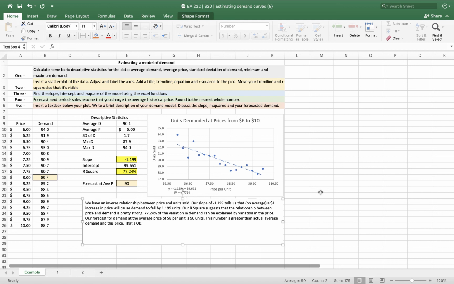That's okay. Our model explains 77.24% of the variation.